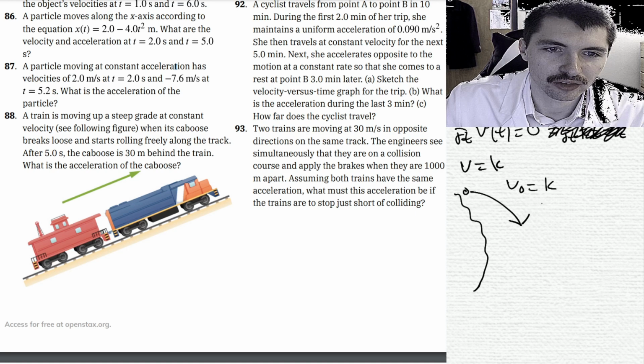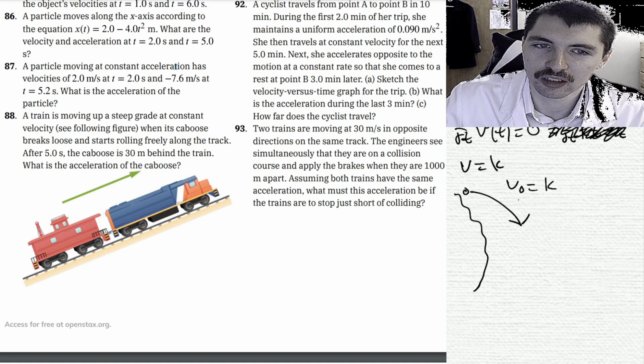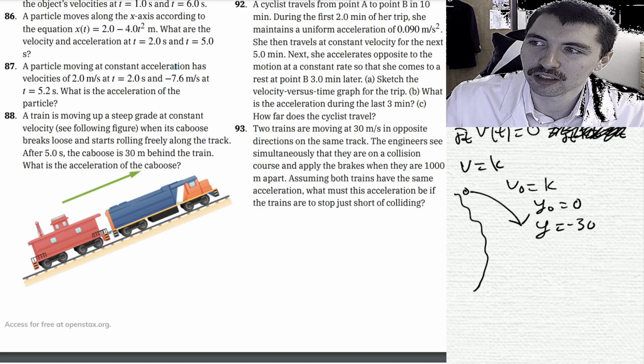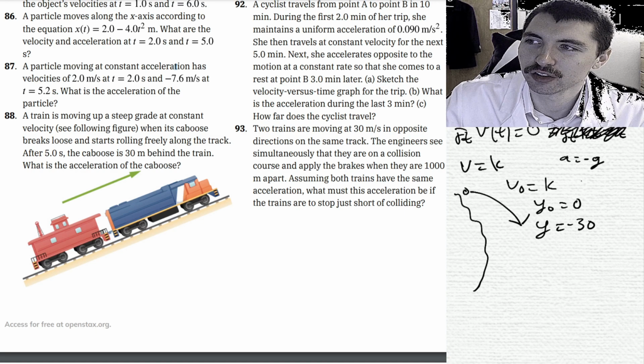After 5 seconds, the rock is 30 meters behind the train. So let's say y naught is 0, so y final is negative 30. We'll probably use gravity in this scenario, and we'll use positive gravity since we're going below the y-axis. Hope that's correct.